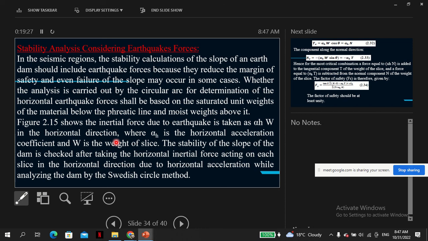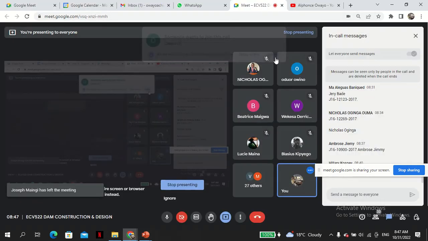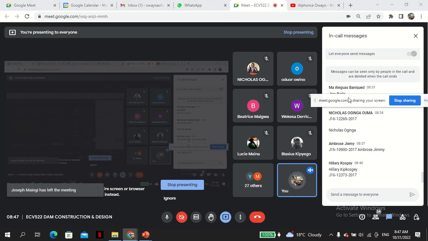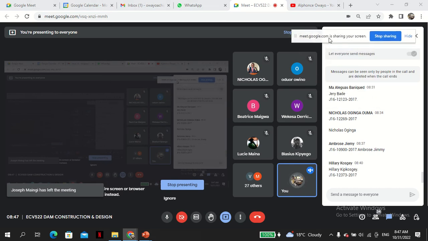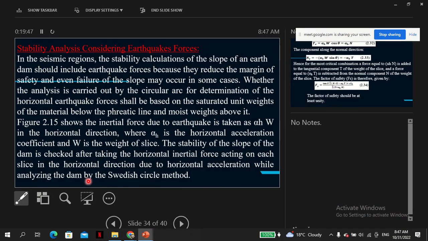Earthquake is going to make it only a little bit more, and we are going to see how to reason and arrive at those values. So these are factors. You only need to add some factors on what you already know, so that earthquake only induces some additional forces to the system.